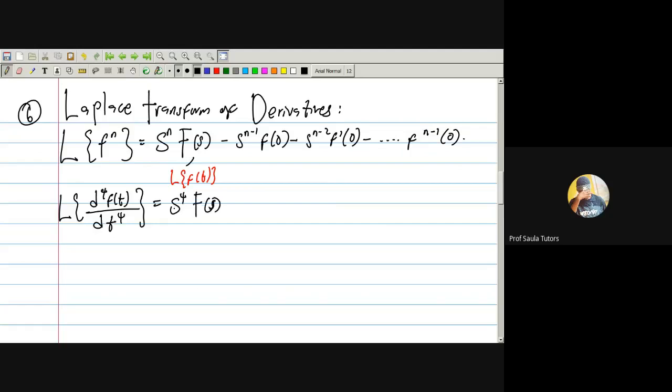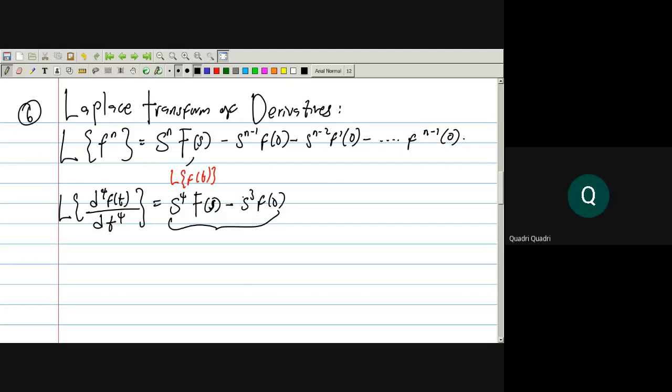You first bring s, then you put this power that you have, then minus, the power of s will start decreasing. After this, the next one is s cubed, then f of 0. This first thing is what you should tell your memory: you first have s to the power that you have, F of s, the Laplace transform, then minus, reduce 1 from here, s cubed, then small letter f of 0.